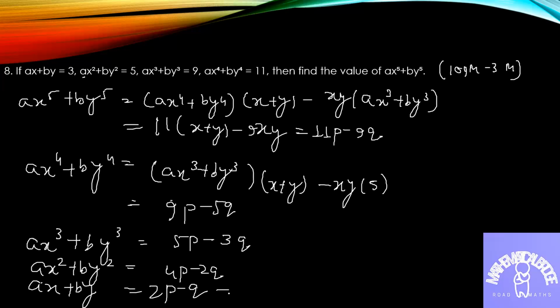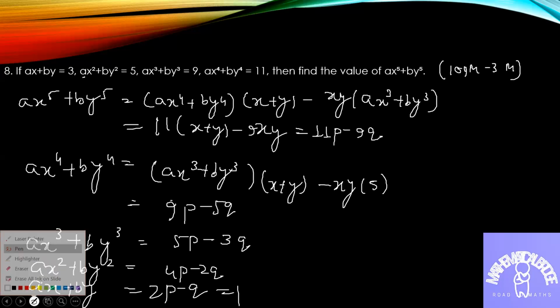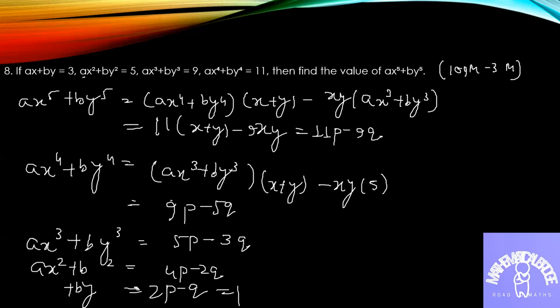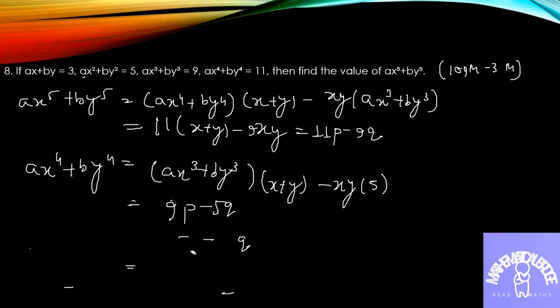So 2p minus q is equal to 1 also, and yeah, sorry, no, this is not holding in this case. Okay, let me write it.